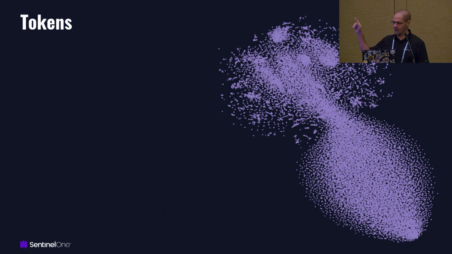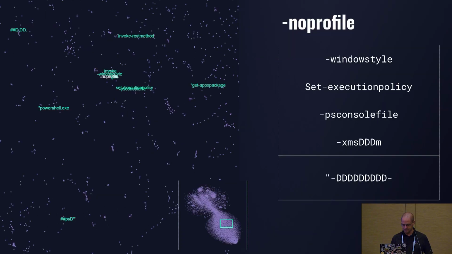Each one of these dots that you see here is a single token from the text that the model extracted. Now we can take a look inside of these tokens and see if it understands some semantics about the command lines. Each one of the dots is a vector, and this is a two-dimensional reduction of the results.